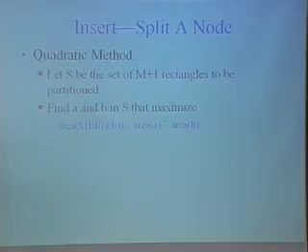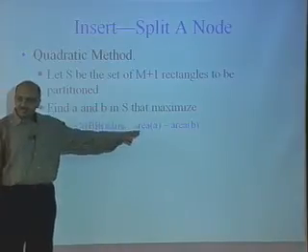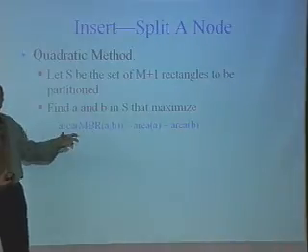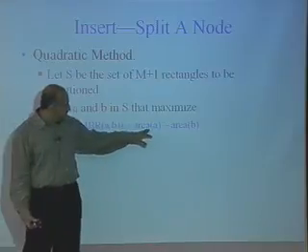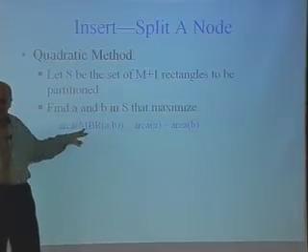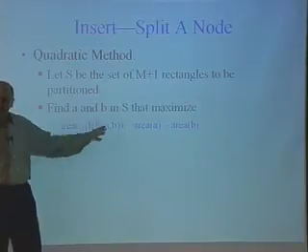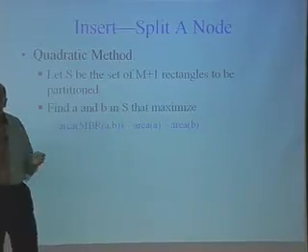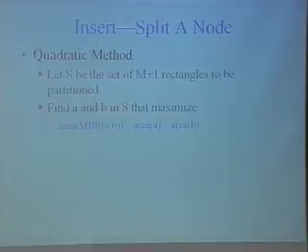This is the amount by which the area of this cluster grows. Individually they only had this much area, but together you end up with this much. So this gives you the amount of unused space in that MBR. It's a penalty function. So you find two rectangles for which this penalty function is maximum, and then you start by putting them into different clusters.